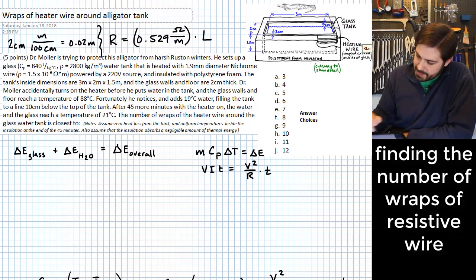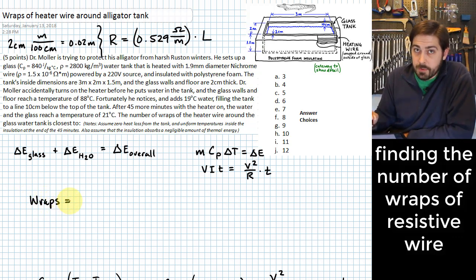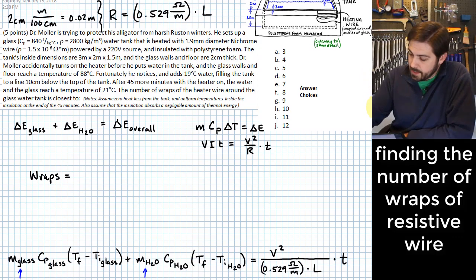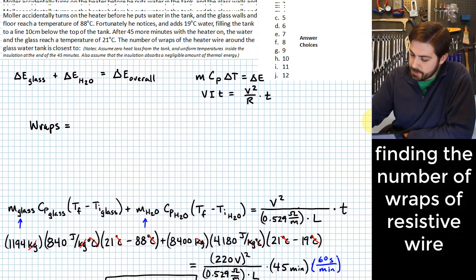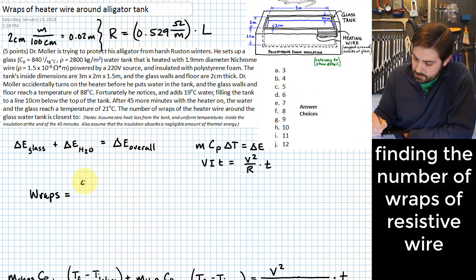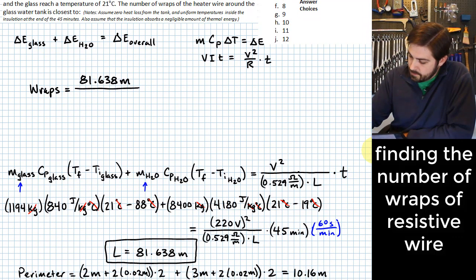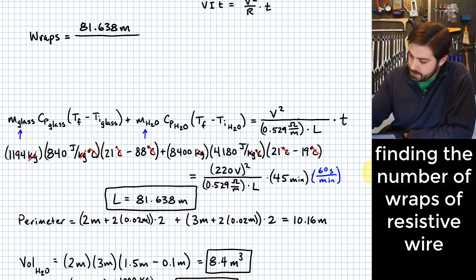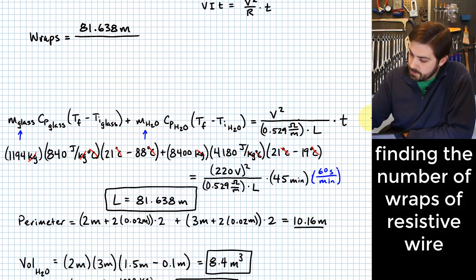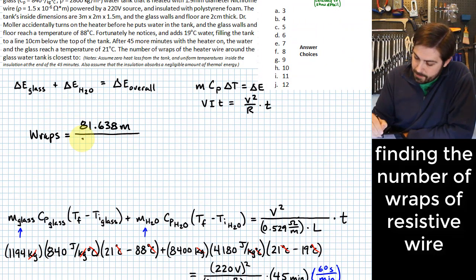And we'll do the last part of this problem, and it is that the number of wraps has to be equal to the total amount of length that we need, which was 81.638 meters, divided by, what was this? 10.16 meters per wrap.